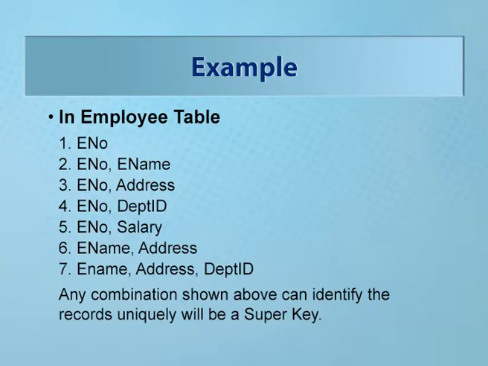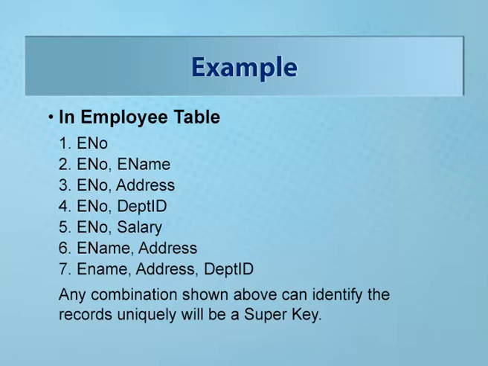Or let us take another set, employee number and employee name, a combination that can uniquely identify a record in the employee table. Or take another combination, employee number and employee address. This combination also identifies the records uniquely in the table.